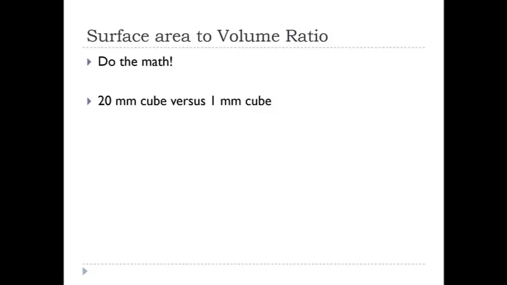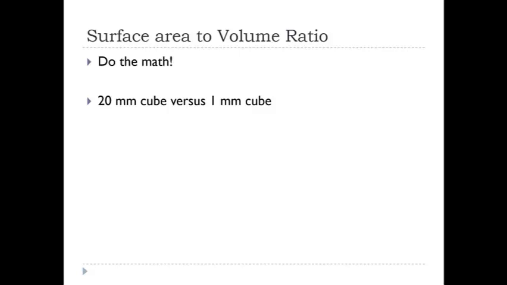So 1 millimeter cubed is the volume, whereas the surface area is the area of each of those 6 sides added up. Okay, so 1 by 1 would be a 1 millimeter square times 6. So you have 6 millimeters squared. So 6 to 1 is the ratio of the surface area to the volume.